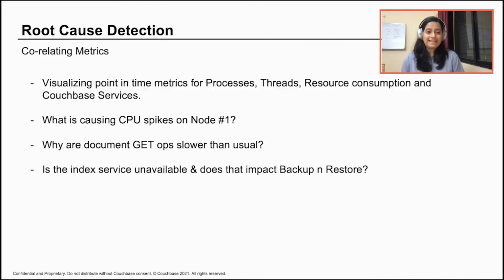This means we can now easily visualize infrastructure-related metrics and relate them with the metrics related to Couchbase services. For example, we can relate the resource consumption on a data node with the rate of get operations for a bucket, which is also deployed on the same node.